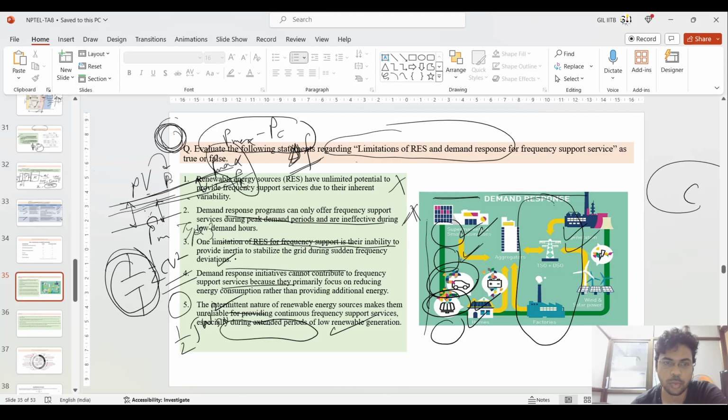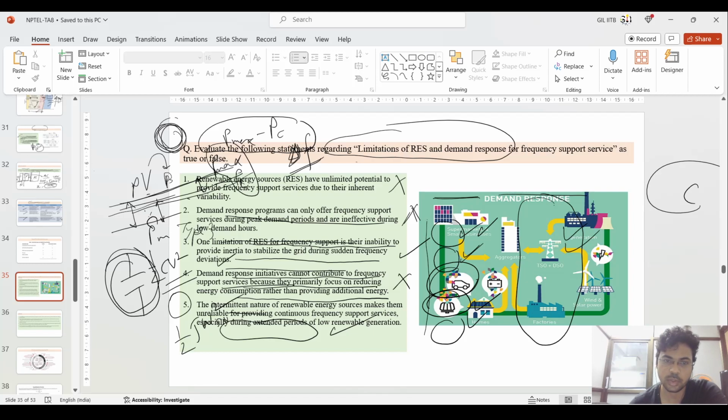The third statement says that one limitation of renewable energy sources for frequency support is their inability to provide inertia to stabilize the grid during sudden frequency deviation. That is true. The fourth statement says that demand response initiatives cannot contribute to frequency support services because they primarily focus on reducing energy consumption rather than providing additional energy.